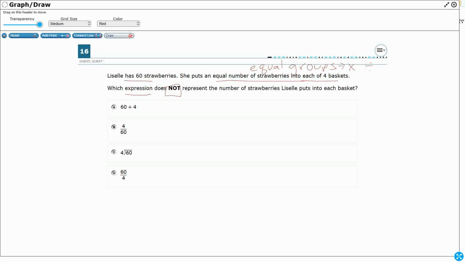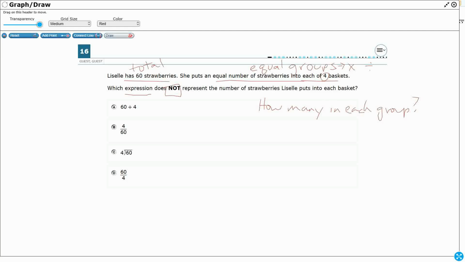Lizelle has 60 strawberries, so they're giving us our total. When they're giving you a total and equal groups, most likely we're going to end up dividing to figure out either how many groups there are or how many are in each group. We know there are 4 groups, so now we're trying to figure out how many in each group. And so that leads us to division.